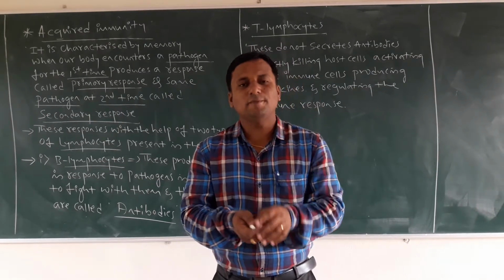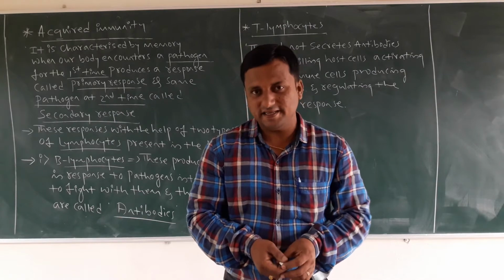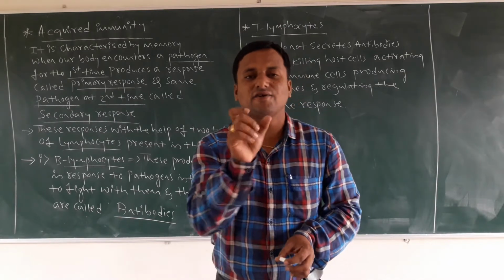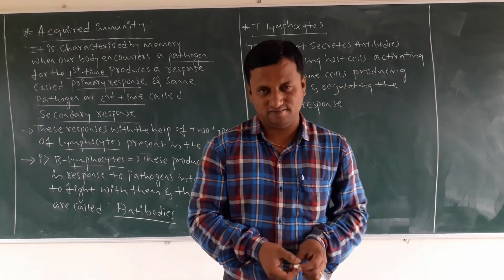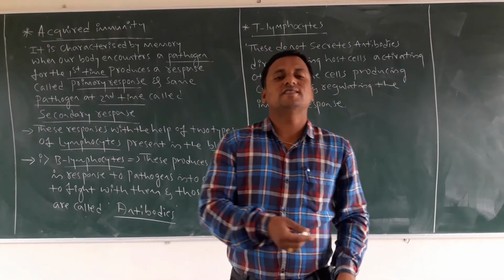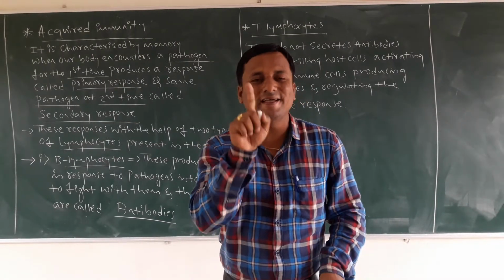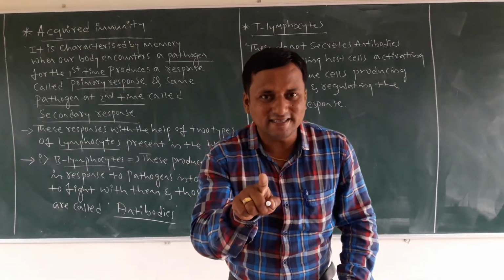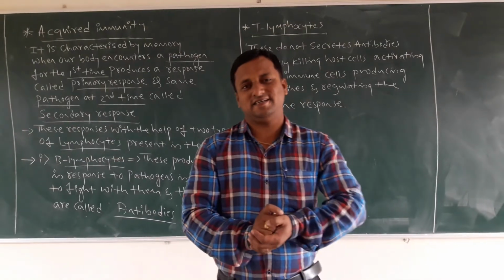Then the fourth type is called cytokine barriers. The best examples are proteins called interferons. These interferon cells produce proteins, and these proteins play a very important role in the inhibition of viral replication.